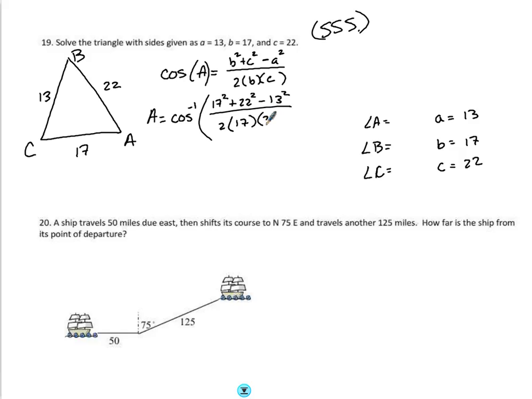So I can put that whole thing in my calculator. Just make sure I'm careful with my fraction.